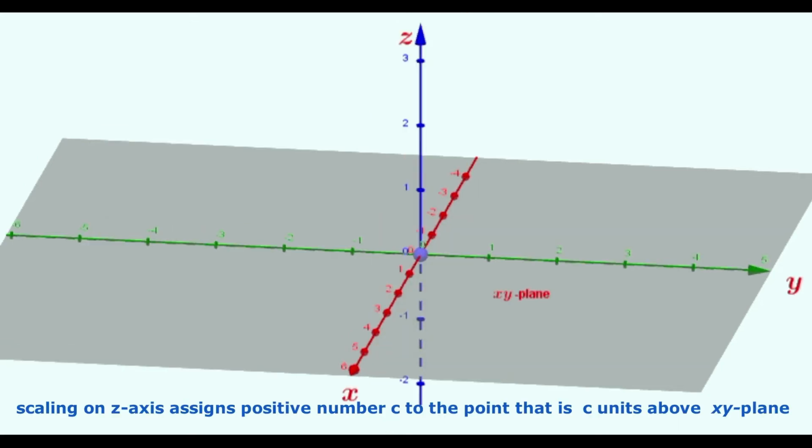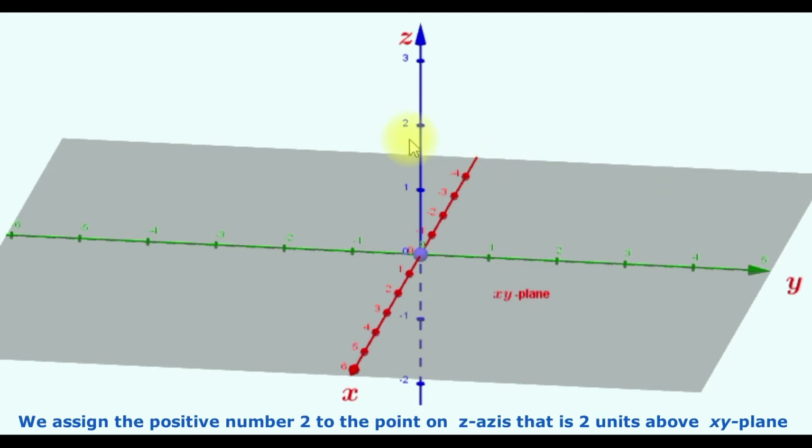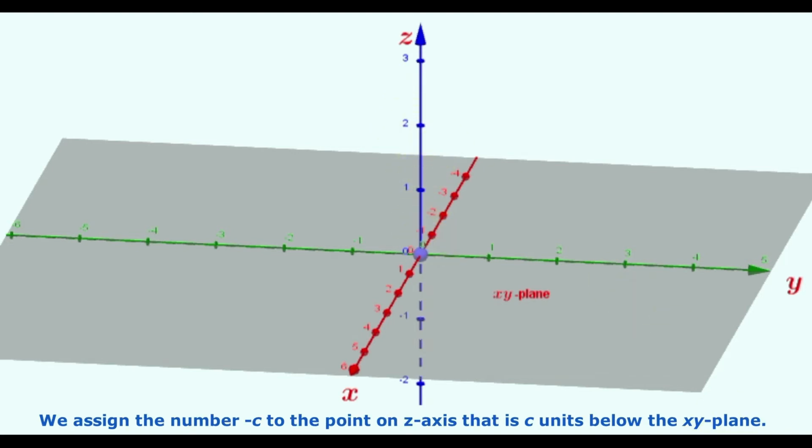The scaling on the z-axis assigns the positive number c to the point that is c units above the xy plane. For example, we assign the positive number 2 to the point on the z-axis that is 2 units above the xy plane. We assign the number negative c to the point that is c units below the xy plane.